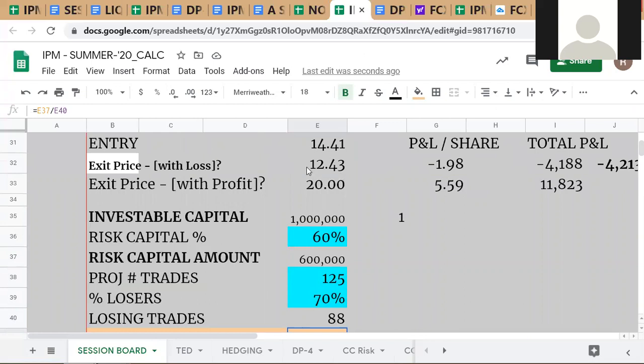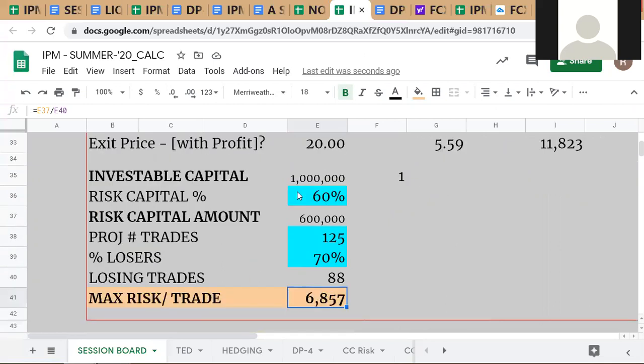This is affecting only the calculation of loss per trade and maximum number of trades. This set of calculations is different. This calculation is purely a function of what we have put here in this block. Following? Fine. Yes, sir.